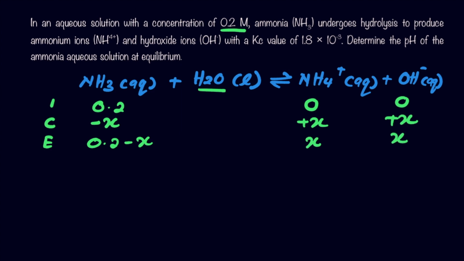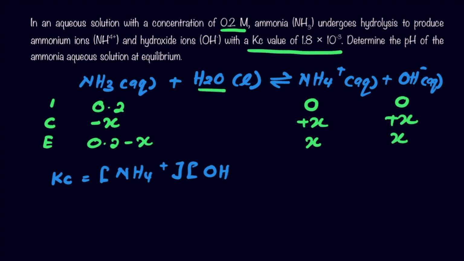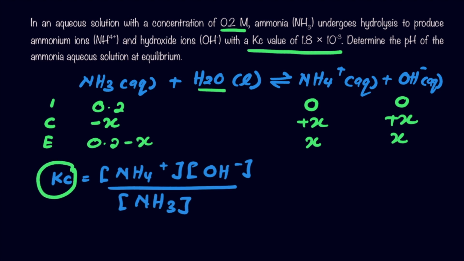Alright, given in the question is that the value of Kc is 1.8 times 10 to the power of negative 3. So what we can do is write Kc as the concentration of NH4 plus and the concentration of OH minus in the product, divided by the concentration of NH3, where the value of Kc is the value given in the question, 1.8 times 10 to the power of negative 3.